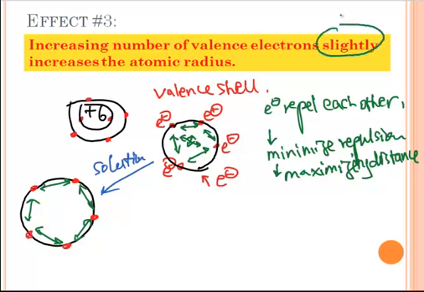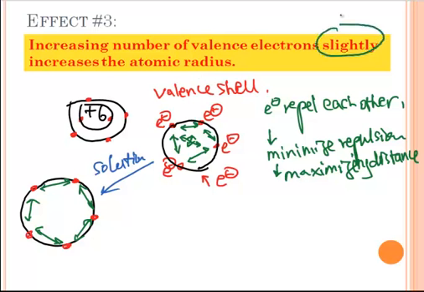So here comes the procedure for solving any problem regarding ranking of atomic radius, or finding the trend of the atomic radius. You carefully analyze the problem and generate the circular plots based on the ground state electron configuration for the elements in question. Third, you identify the effects: effect number 1, effect number 2, or effect number 3, and which ones are present.